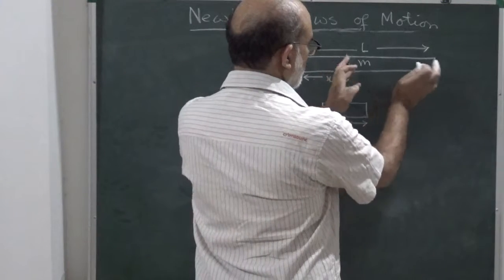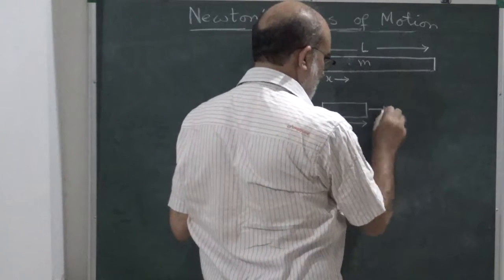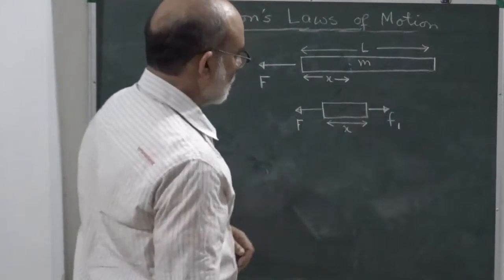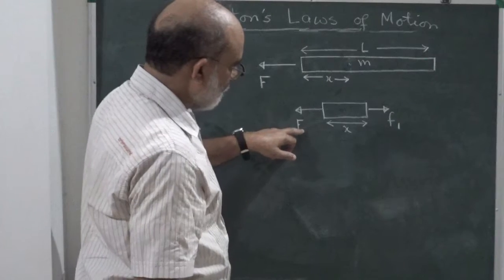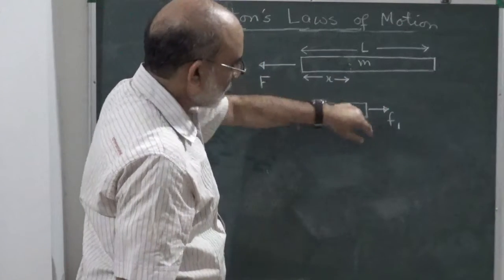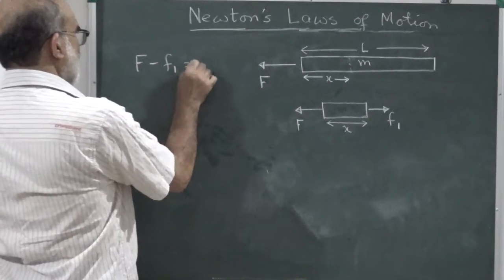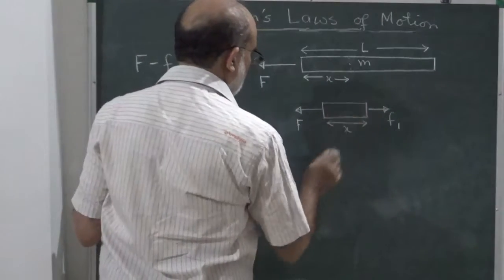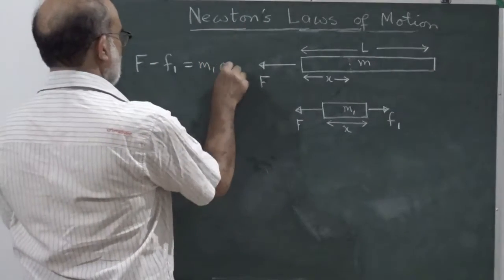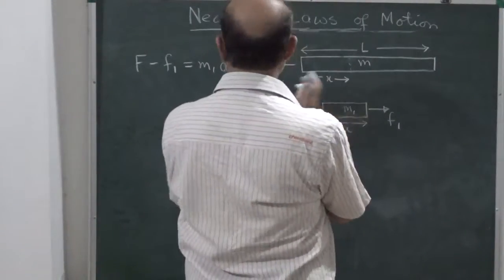It means the L minus x portion of the string is pulling this portion of the string by, say, a certain force F1. So our equation of motion will be F minus F1 equals the mass of this portion of the string times acceleration. Let the mass of this x length of the string be, say, m1. So F minus F1 will be equal to m1 times a. So the equation of motion for this portion is written.